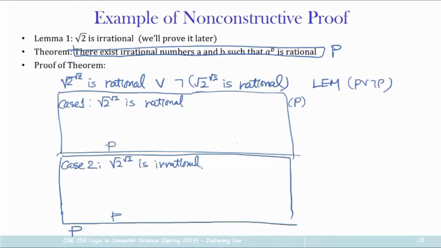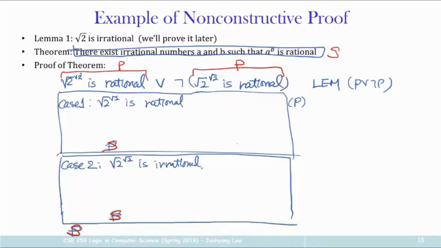Let's say this thing is statement S. So we are going to prove this statement S, and this one is our P. We assume this number is rational, and try to prove that there exist irrational numbers a and b such that a to the power b is rational.